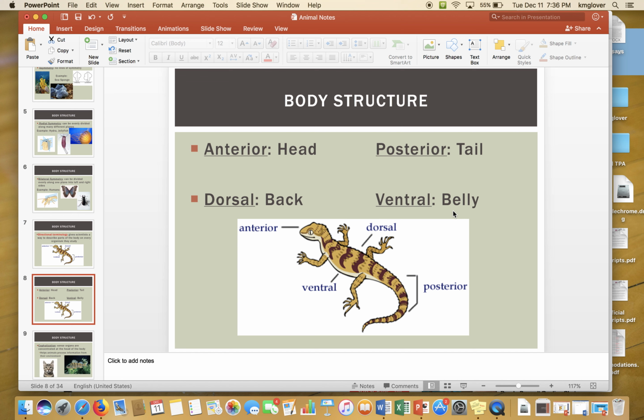If you're just looking down at your hand, it's on your belly side, so the palm would be ventral to the back of your hand. And that's just how they describe it. Other ones would be like superior and inferior. Superior would be above, inferior would be below. So your neck would be inferior to your head. These are just describing the position of parts of your body essentially.